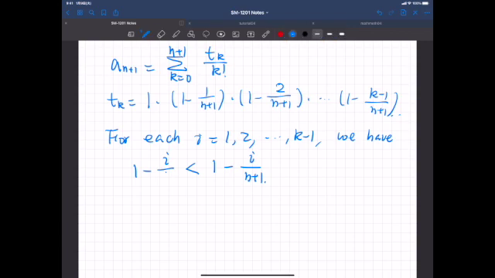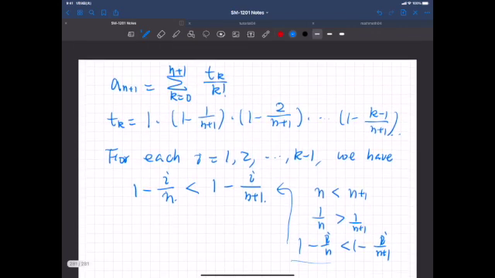Because of course n is less than n plus 1, so 1 over n is greater than 1 over n plus 1. If you put a negative sign here, we have this, and then add 1 to both sides, then we have this, for any i between 1 and k minus 1. Then we have this, right?